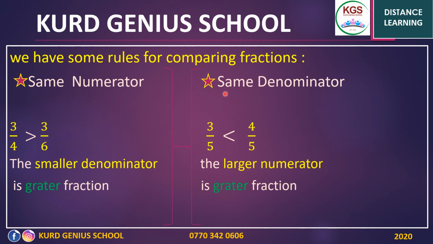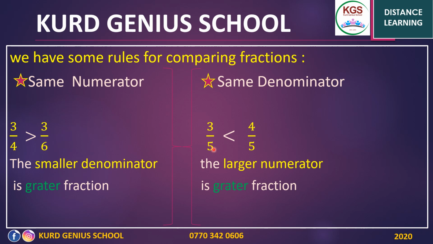We have another rule, which is the same denominator. In this case, we have the same denominator. If we have the same denominator, we are looking at the top, the numerator. In this case, the numerator will decide which one is greater. Be careful because there is a very big difference between the same denominator and the same numerator.